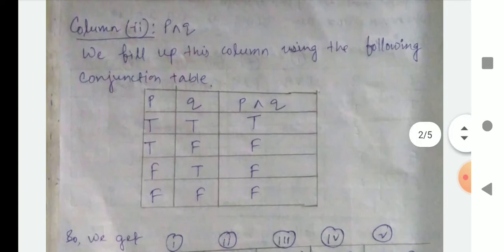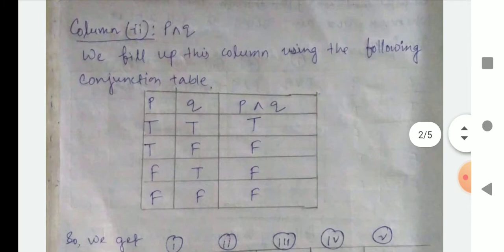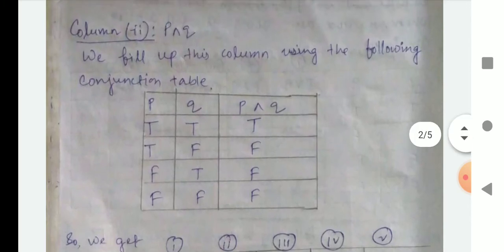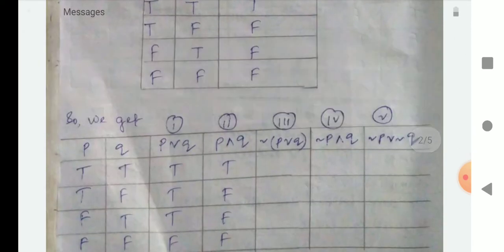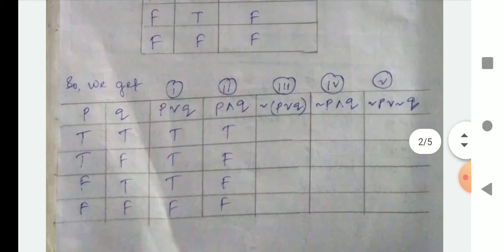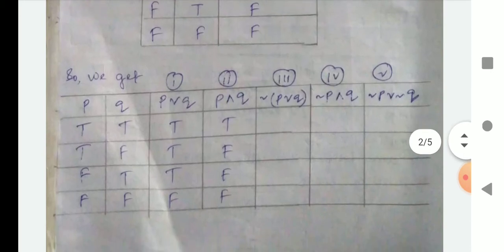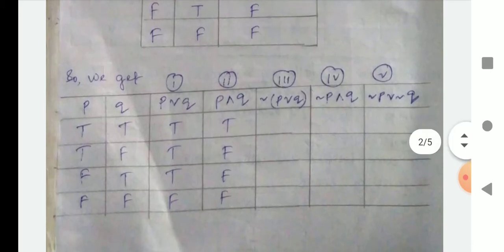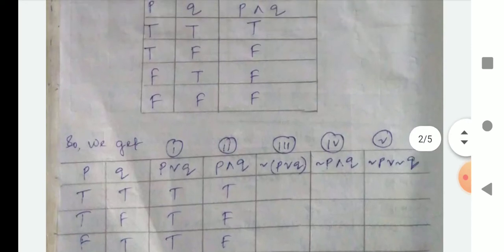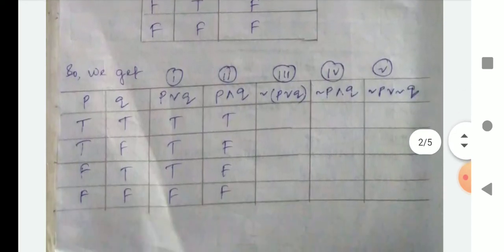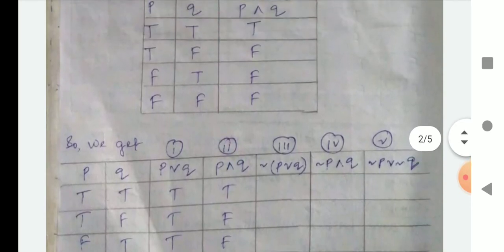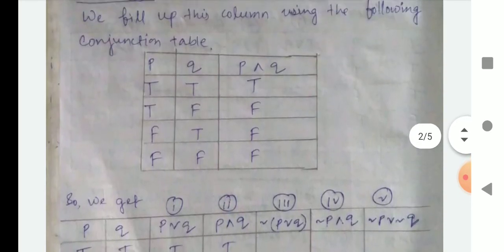So what we are getting: true true is true, true false is false, false true is false, and false false is false. We are putting this according to the table of conjunction.